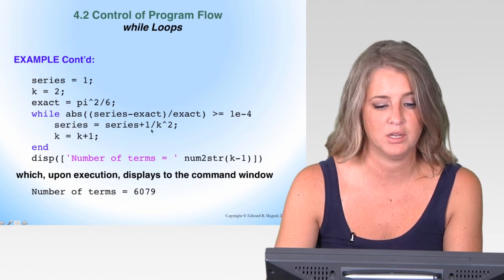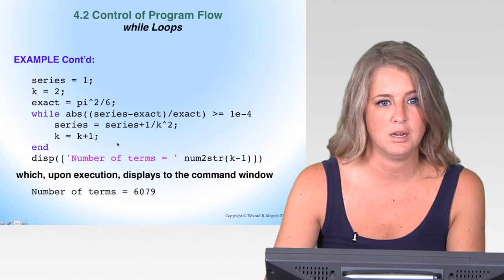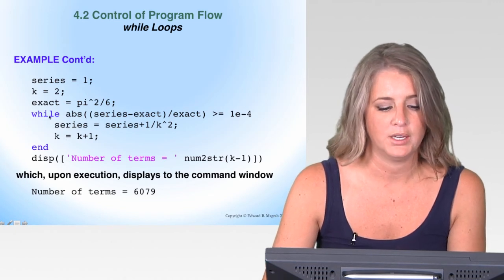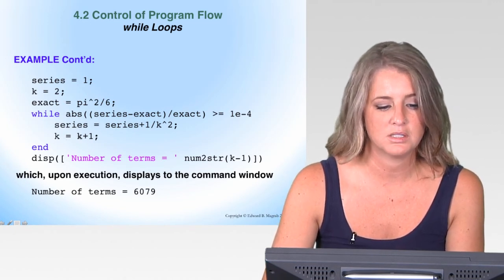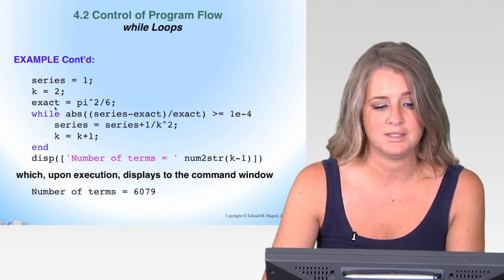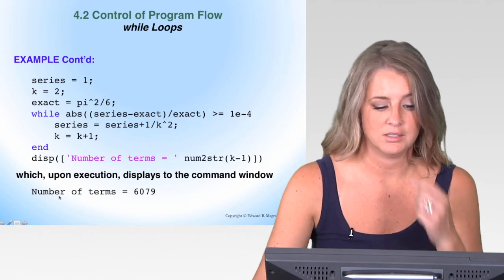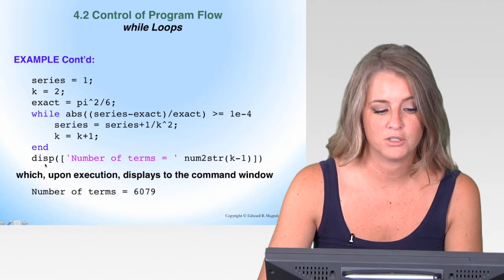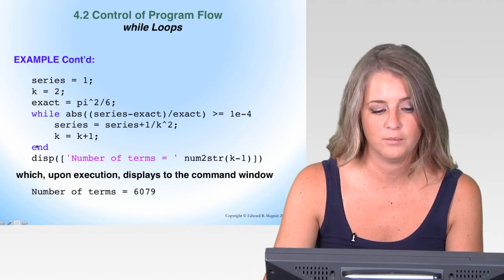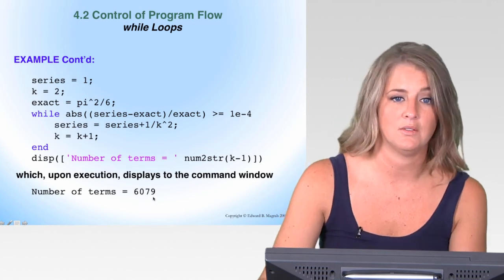So series plus 1 over k squared, and then k is then incremented to the next number. So again, it's just going to keep going through this loop until at the end the series is equal to this exact value here. So when you execute this, it's going to tell you that the number of terms from this display here is equal to 6,079.